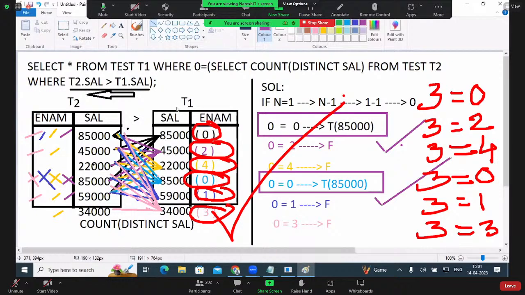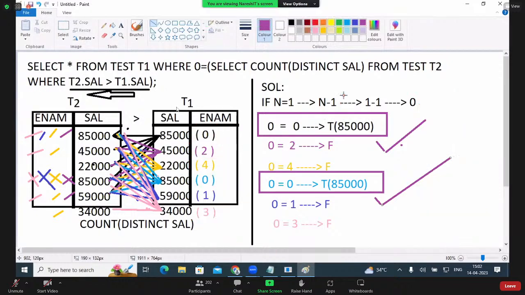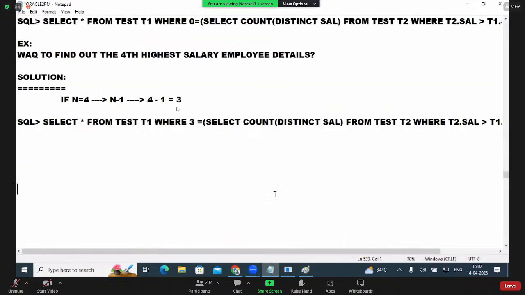Are you clear now? So like this, for each position you compare the count of inner query values. Now write down. So now this is called highest. Can you find any position now? Yes or no? If I'm asking for the 50th position, then just keep 49.